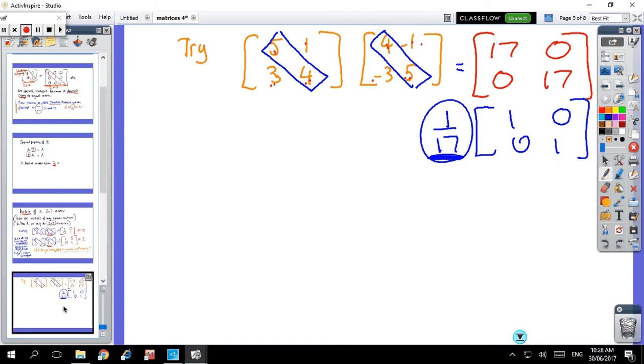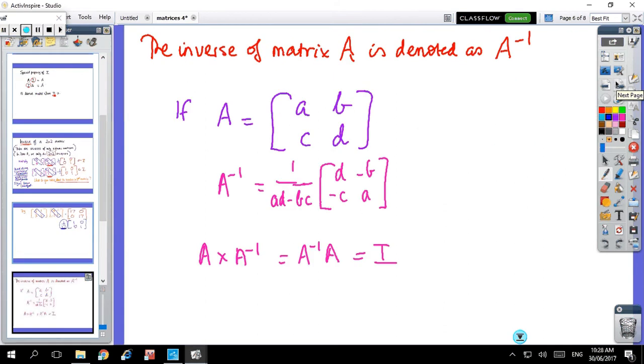So let's have a look at the general case, not specific examples. If one matrix is A, B, C, D, the inverse, which is A minus 1, is you have to do this calculation of AD minus BC to get the fraction that comes out the front. So what we do is we multiply the leading diagonal, and then we multiply the alternate diagonal and we subtract.